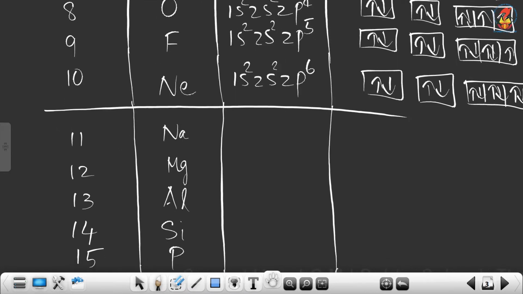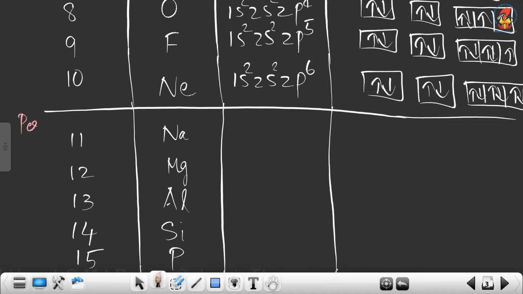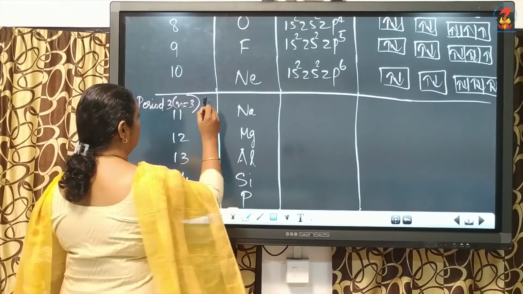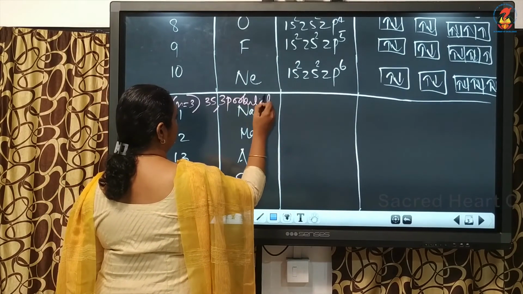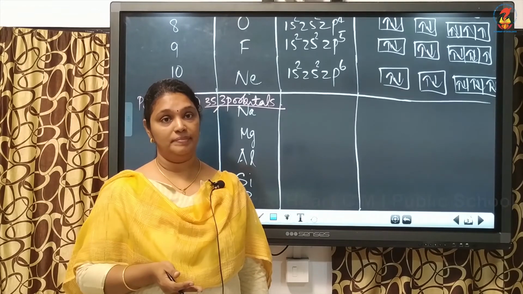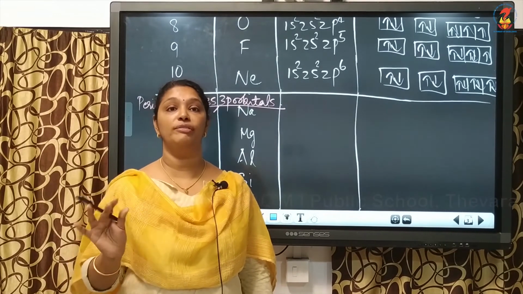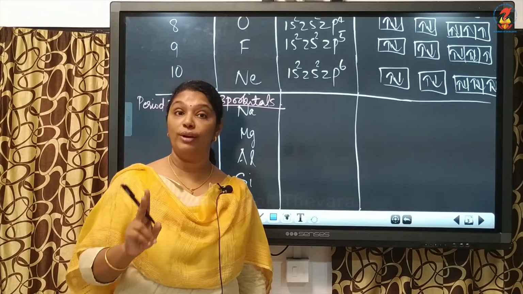Now starts our third period from atomic number 11. That is sodium. So this is period 3 with n equal to 3, and in this period we have 3s and 3p orbitals getting filled, and not 3d. 3d will be filled only in the fourth period, because in the increasing order of energies, 1s is less than 2s, less than 2p, less than 3s, less than 3p, less than 4s, less than 3d.